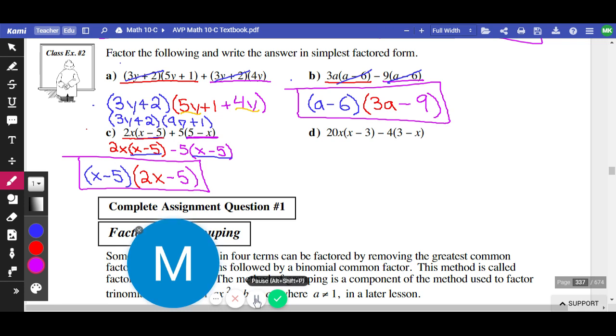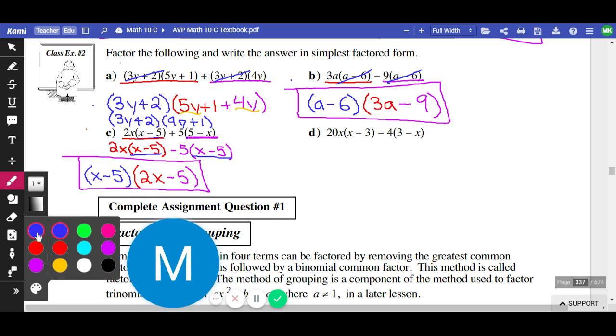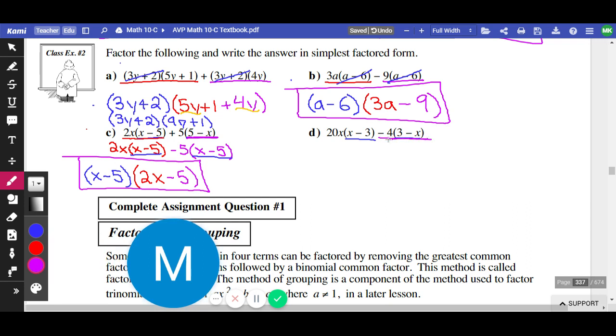Alright, looking at that one. Again, our greatest common factor, x minus 3 and 3 minus x, aren't the same. Really close, but complete opposites. Okay? I need to flip one of these around. I'll flip the second one, the purple side, by changing the minus 4 to be plus 4.